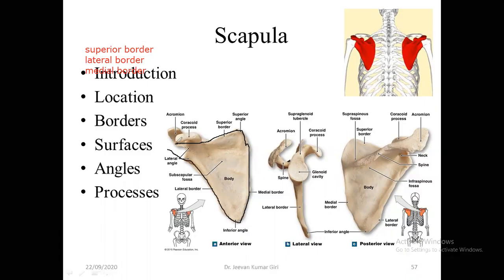So you will find three angles here. But this angle is not acute; it is broad enough. I have just extended this line here. These three angles are the superior angle, the inferior angle, and the lateral angle.